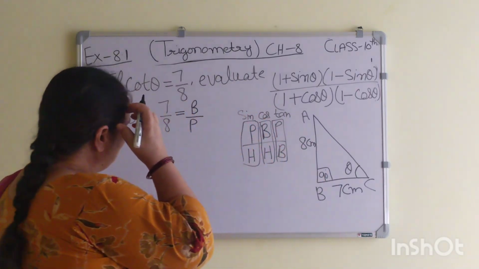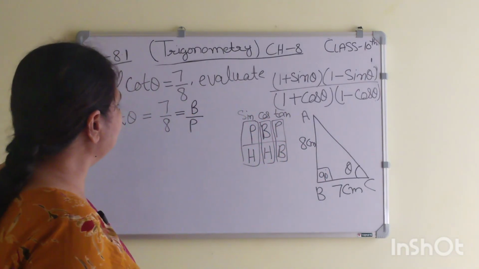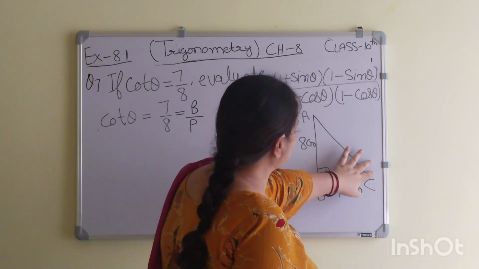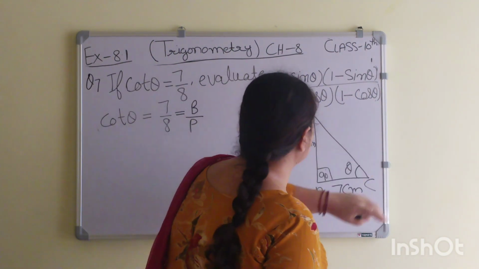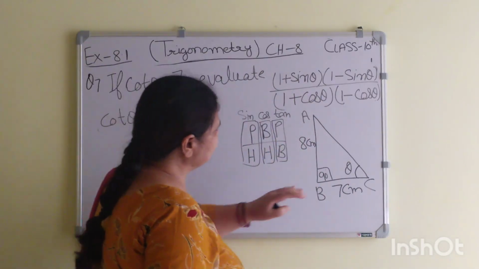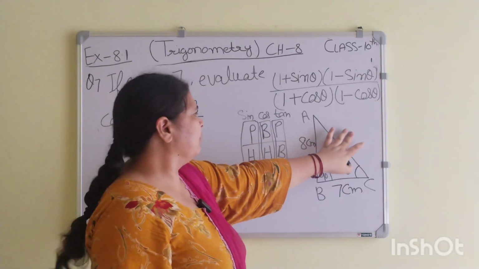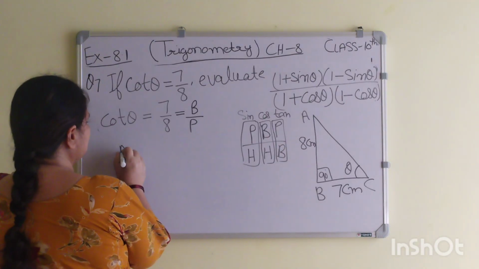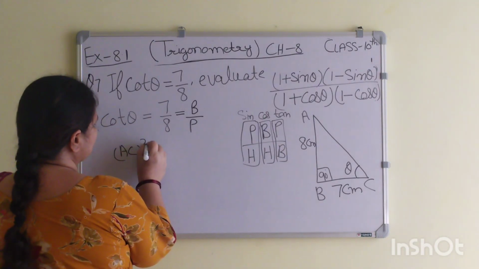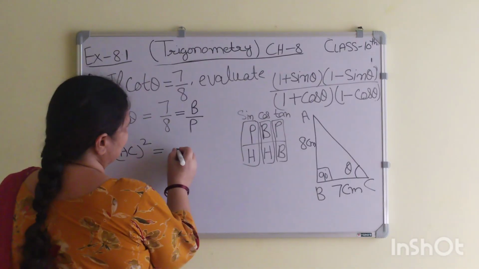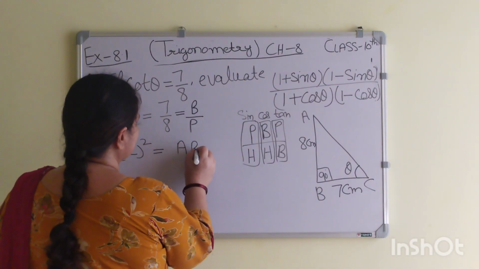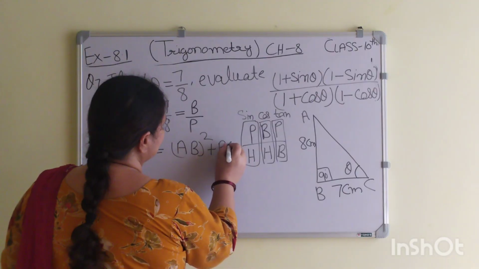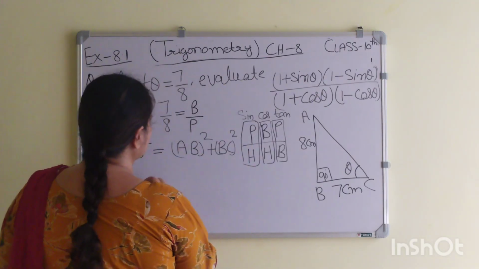Now first of all, we should find out the value of hypotenuse AC by using the Pythagoras theorem. So AC whole square is equal to AB whole square plus BC whole square.